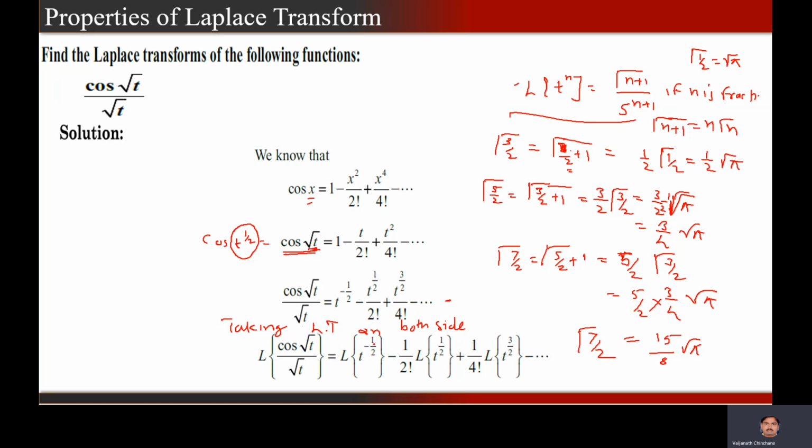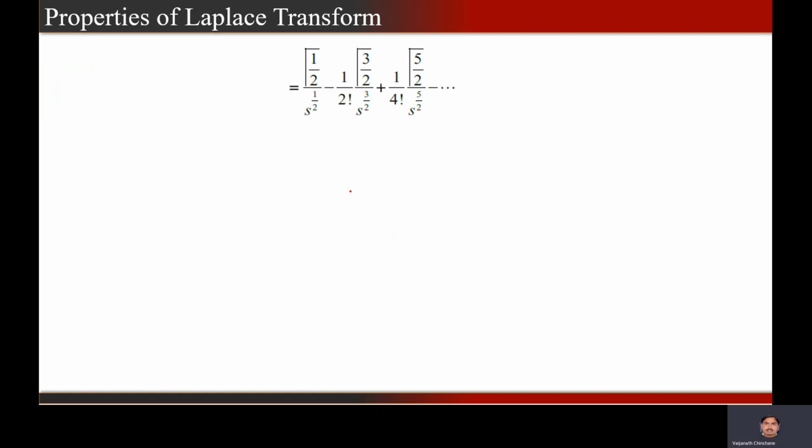What is the Laplace of t raised to minus half? It is gamma of minus half plus 1 upon s raised to minus half plus 1, that is gamma of half upon s raised to half, that is under root pi.